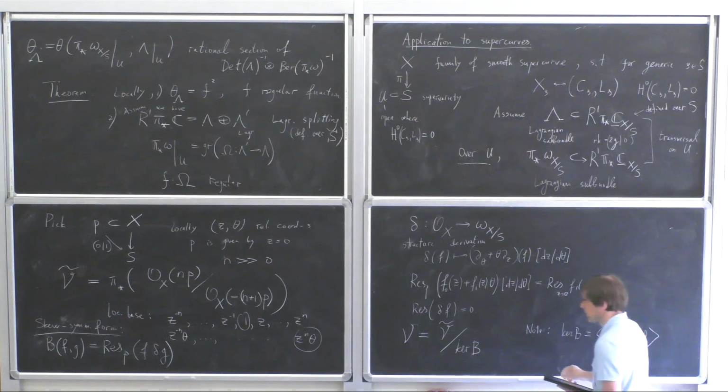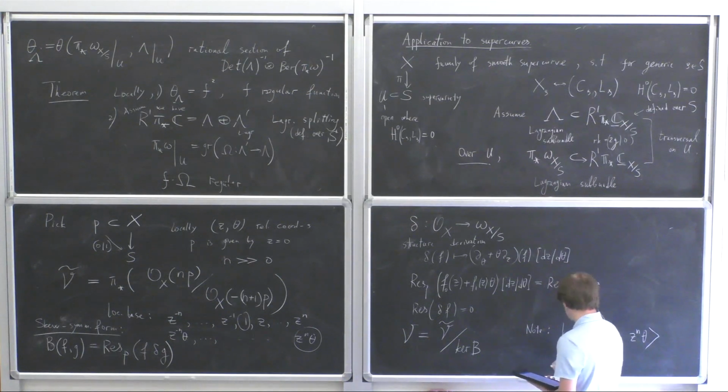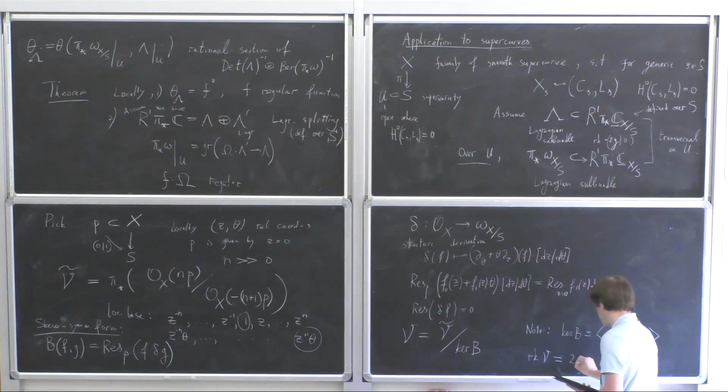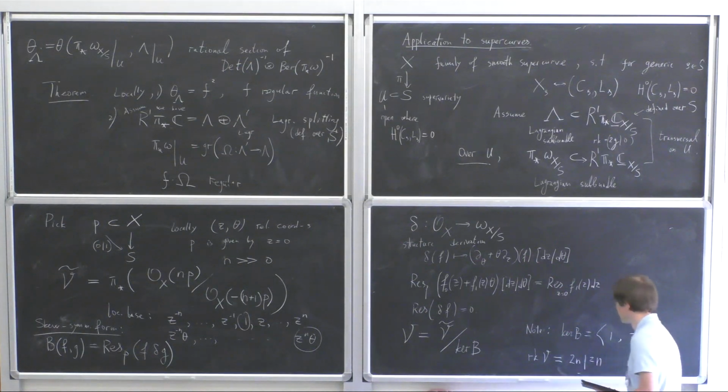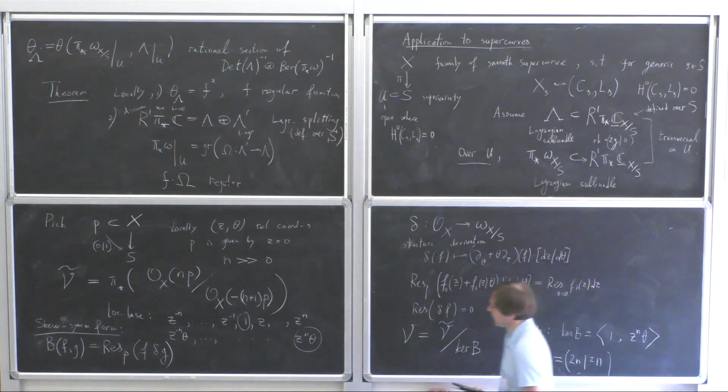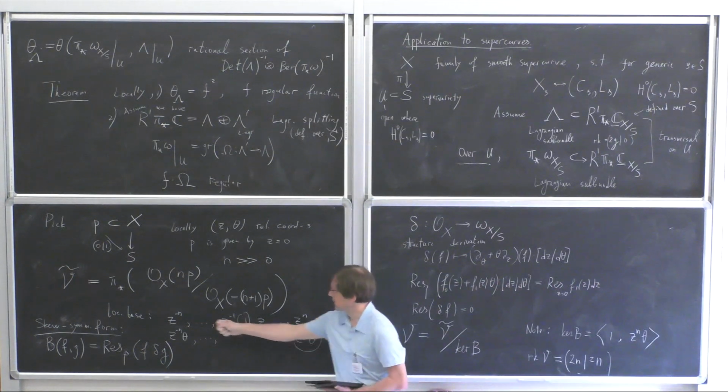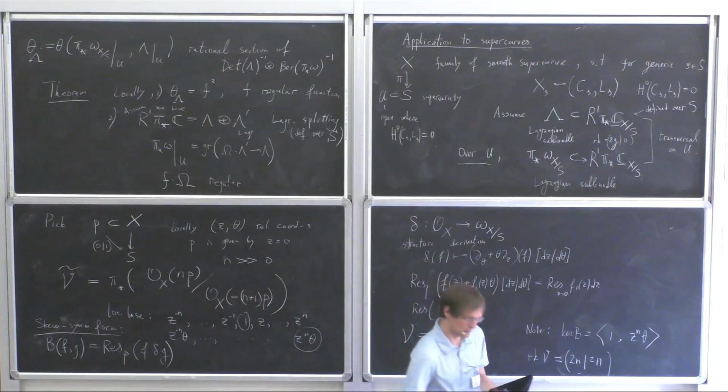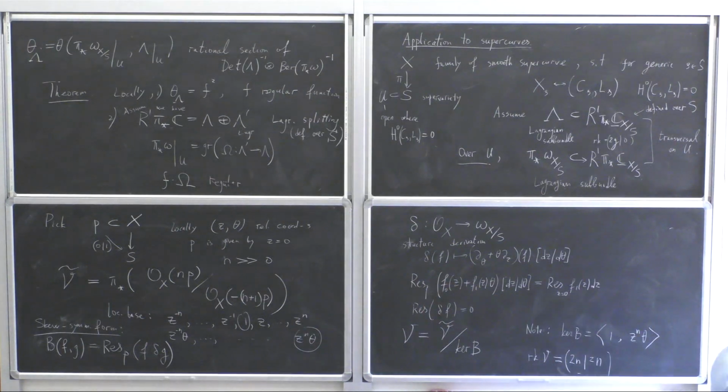And because of that, we get that the rank of V is something like 2n to n. So if we remove this one, then there are 2n even elements and 2n odd elements.